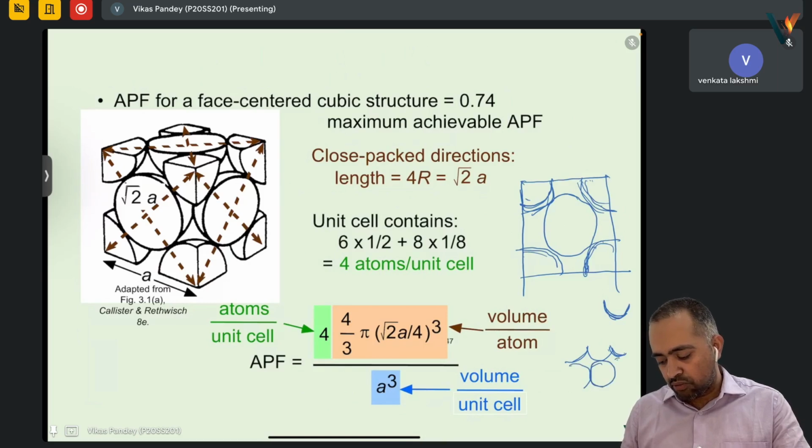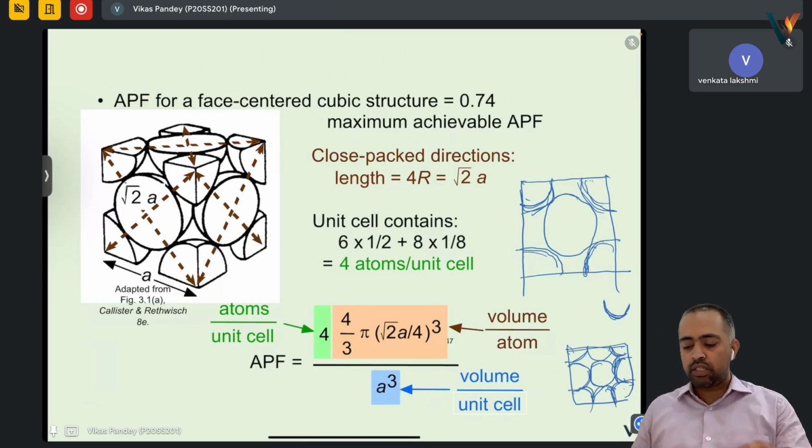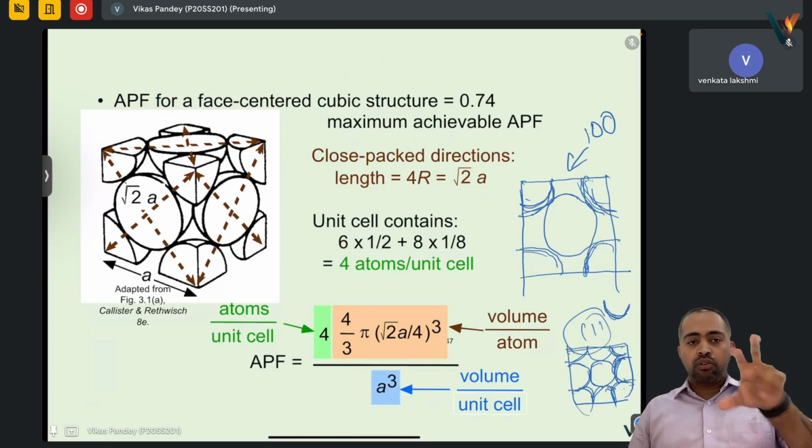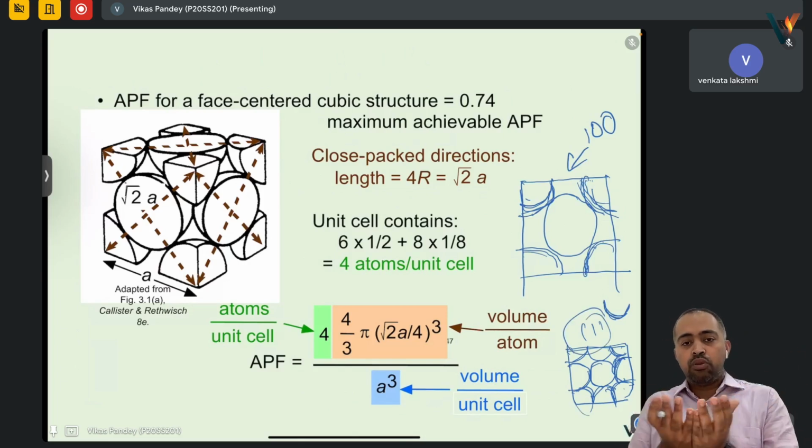One single atom will be visible, one face-centered atom here, there, like that. If you compare this with the 100 and 110 plane, there are a lot of atoms as well as very closely packed.